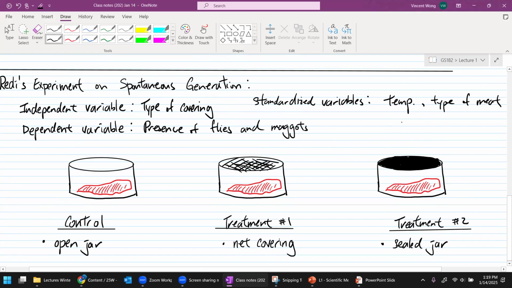Two more? Amount of flies or bugs? That's not something that we can keep the same, right? We're just gonna leave them outside and let it be, right? Sure, the cleanliness of the jar, I guess. Does that make sense?